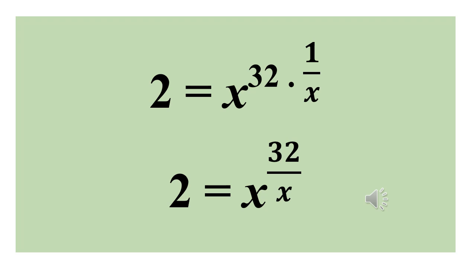So we multiply the exponent 32 by 1 over x, which will give us 32 over x. So we have 2 equals x raised to power 32 over x.